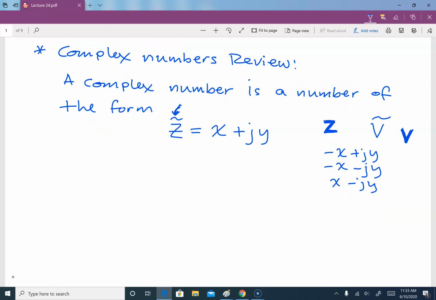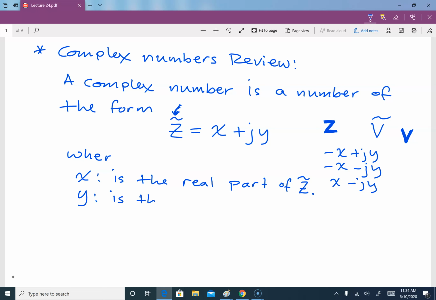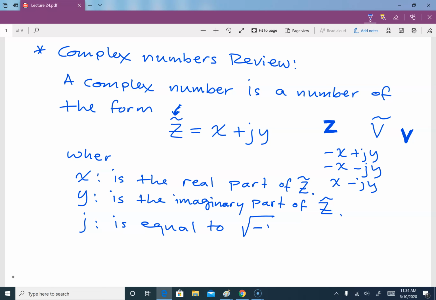Now we can define our x here as the real part of phasor Z, y is the imaginary part of phasor Z, and j is equal to the square root of minus 1.